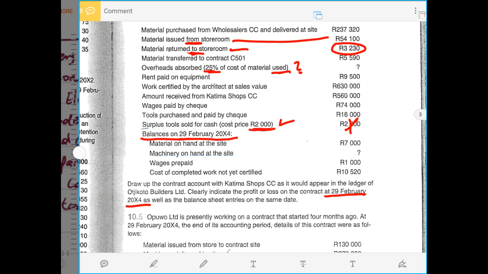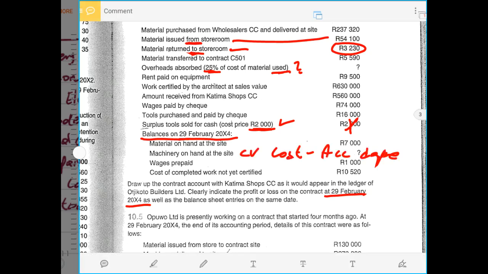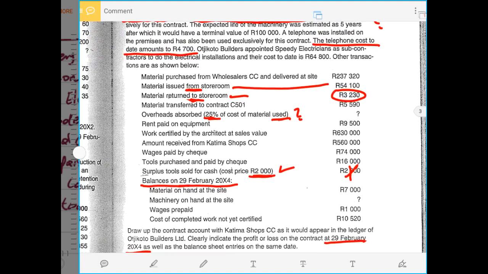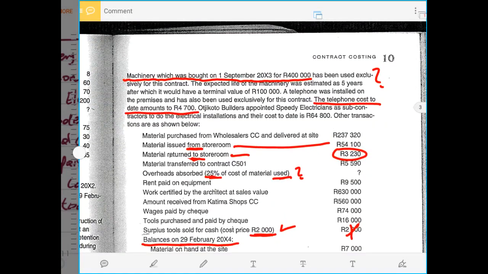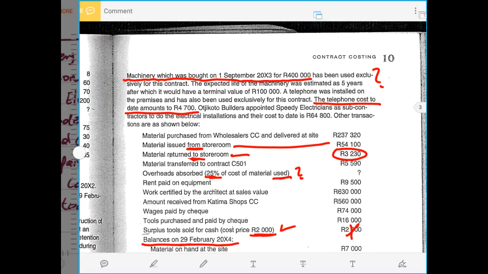This is CV. So now it means we need to say cost less accumulated depreciation, and this will give us the value of the machinery at the end of the period, which is the carrying value. So now let us do the calculations for the carrying value of the machinery which is on hand.